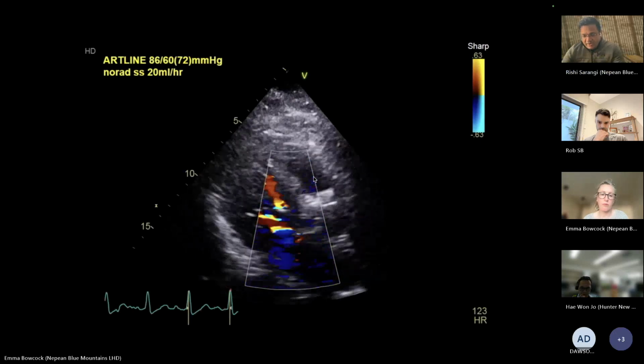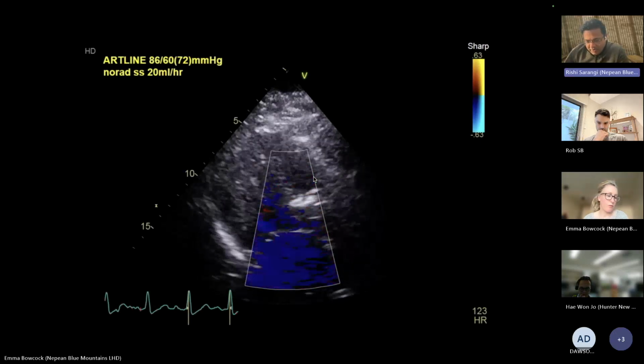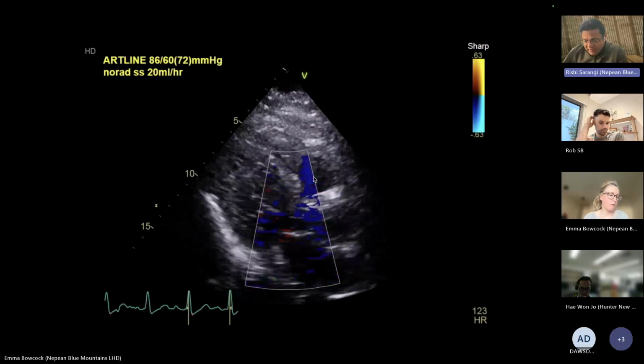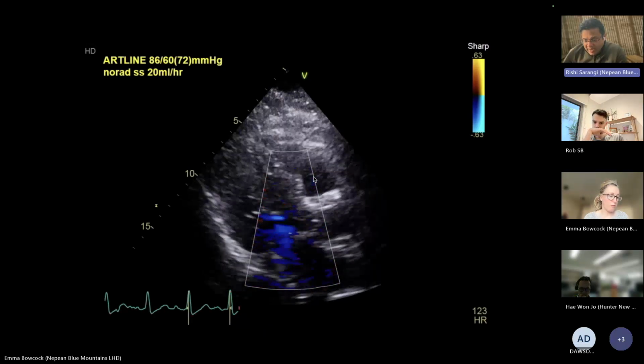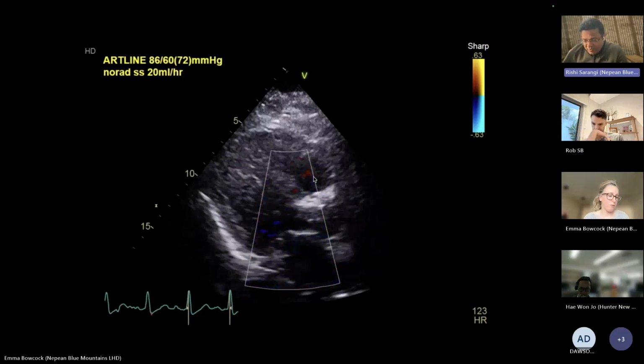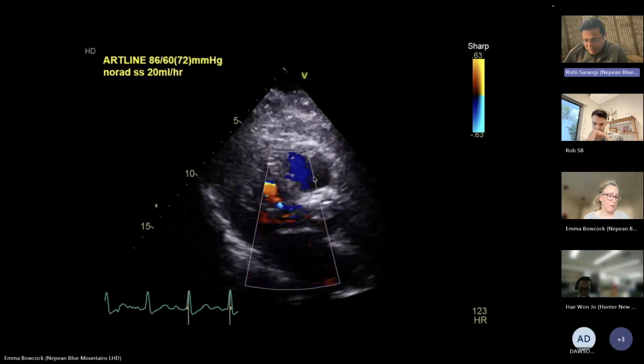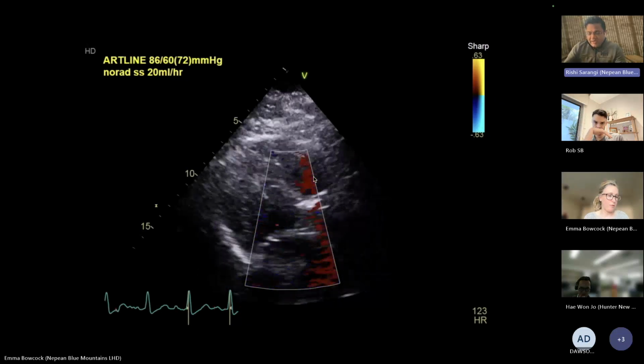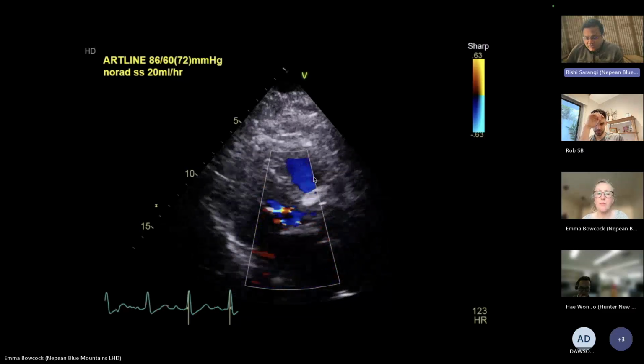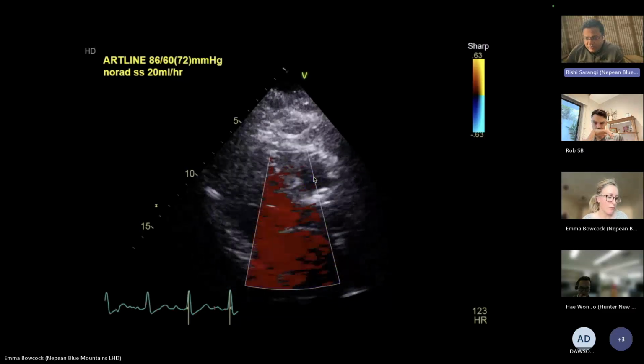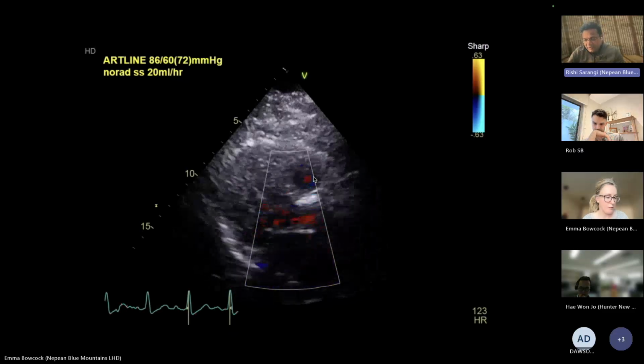Looking at the color flow across the LVOT, there is flow acceleration and turbulence along the LVOT. I'll be interested to put an M-mode through the mitral valve to look for it and check for gradients with continuous wave through the LV mid cavity and the LVOT.